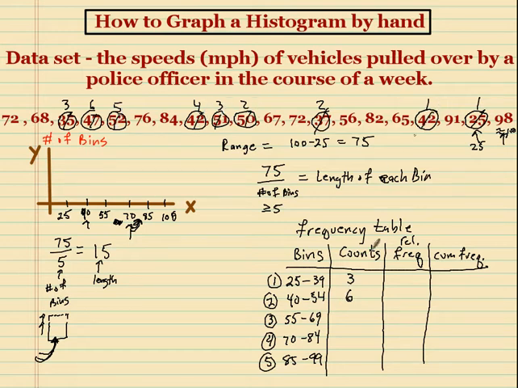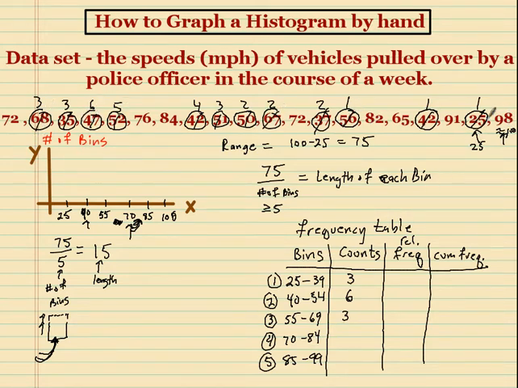Now I'm looking for numbers 55 to 69. Then 70 to 84. Let me cross those out. Have some when they're crossed out.